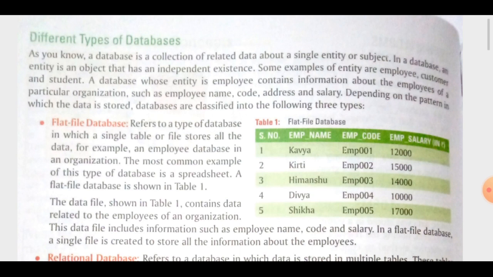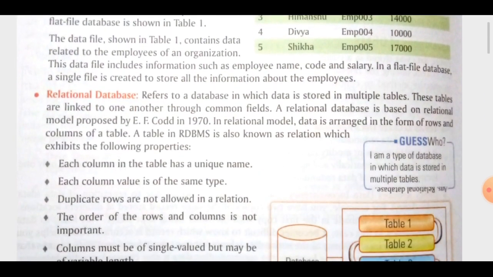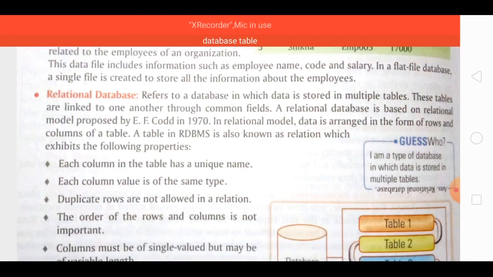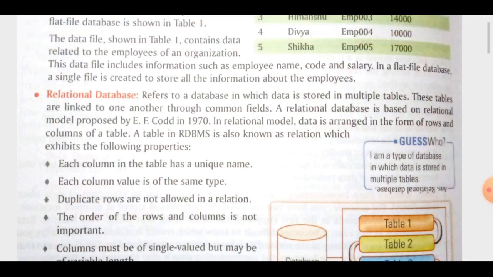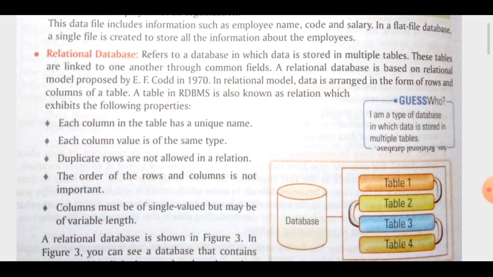And the second type of database that is available is the relational database management system. In the relational database management system, there are various tables available. In this, you can link the tables with a separate column, separate file, and there is a database. Under this particular database there are different tables.